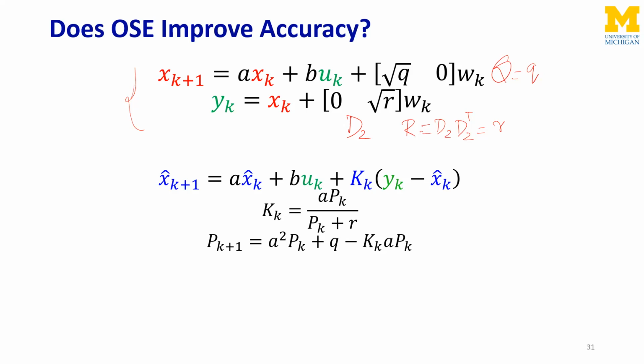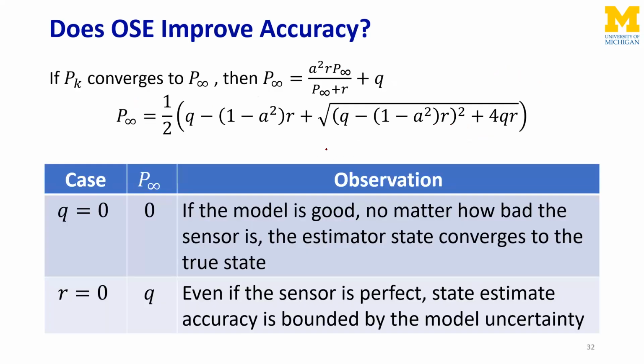Okay, so we want to find out whether using an estimator is a smart choice. Are we always going to improve the accuracy of the state estimate X? We are measuring the state directly, but with some error. So can we just be happy with our measurement, or does this estimator really provide us any benefit?